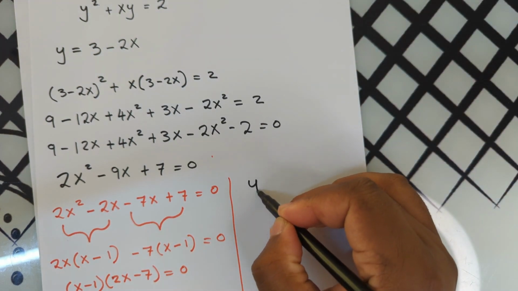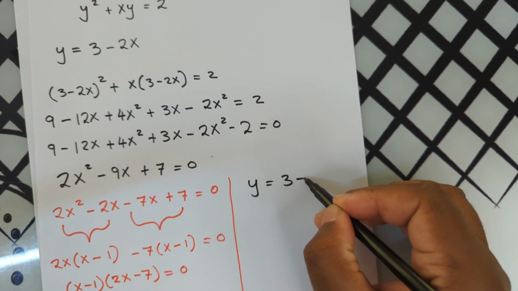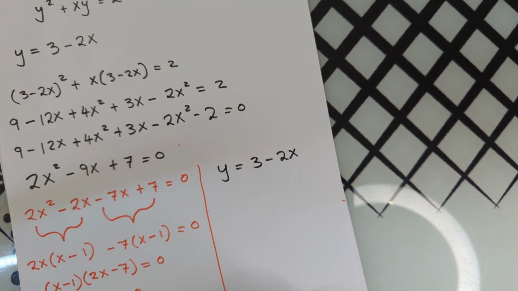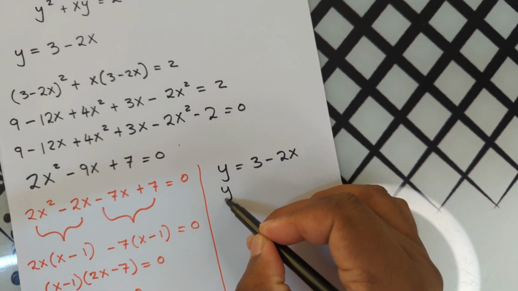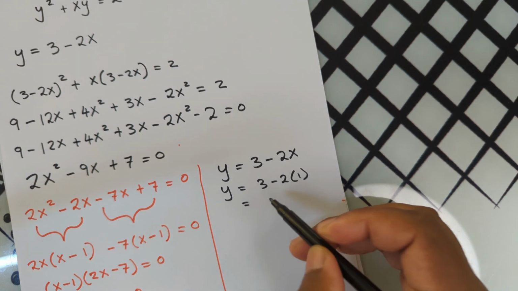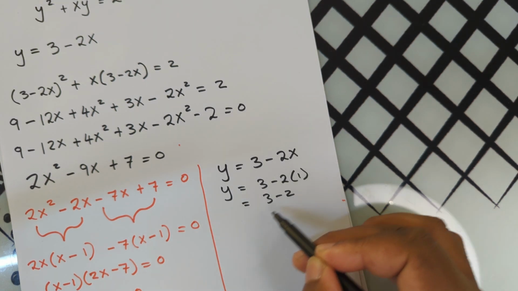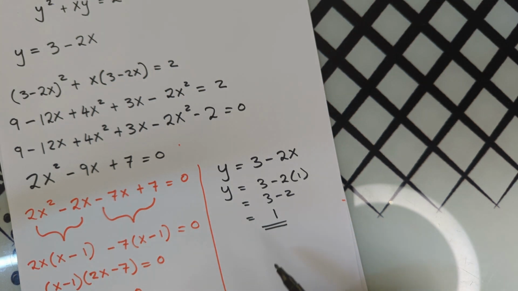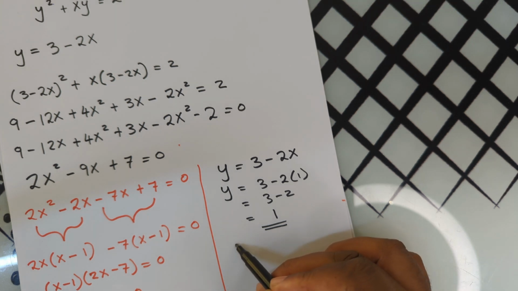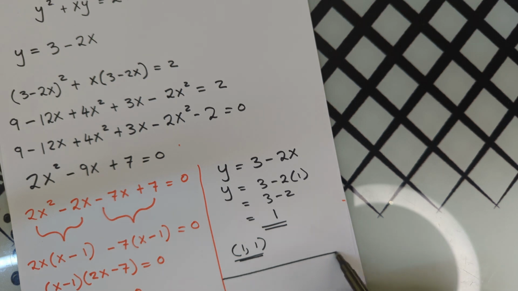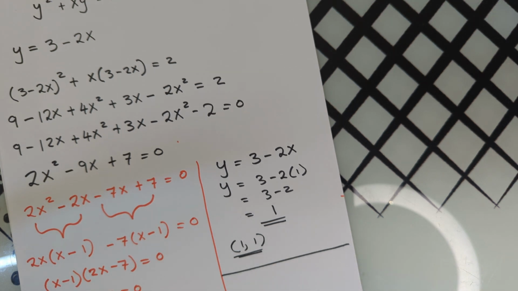So we know that y is equal to 3 minus 2x, and our first value of x is 1, so y will be 3 minus 2 times 1, which is equal to 3 minus 2, which is equal to 1. So when x is 1, y is 1. So 1 for x and 1 for y. This is our first solution, our first set of solutions.